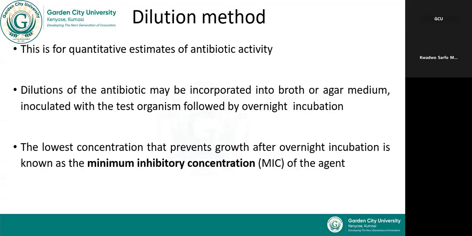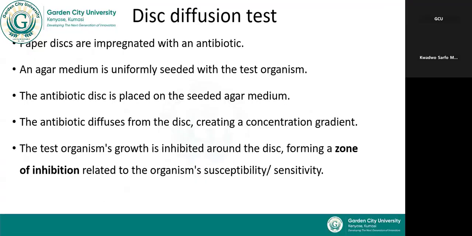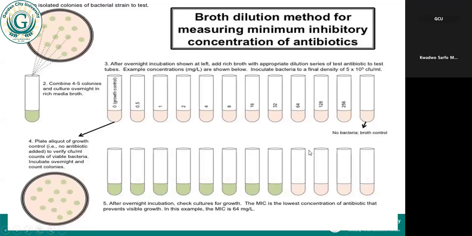And then we put the bacteria in the different test tubes that have different concentrations of the antibiotic. So the very low antibiotic will not be able to kill the microorganism, but the very high levels will suppress or kill them.